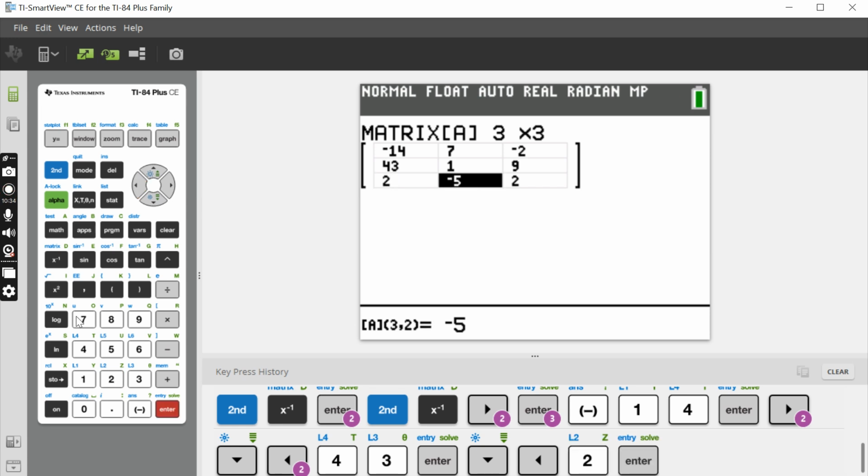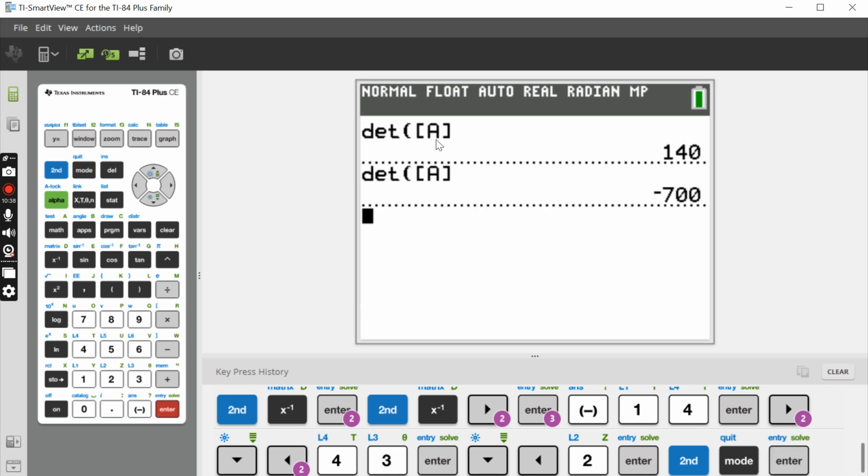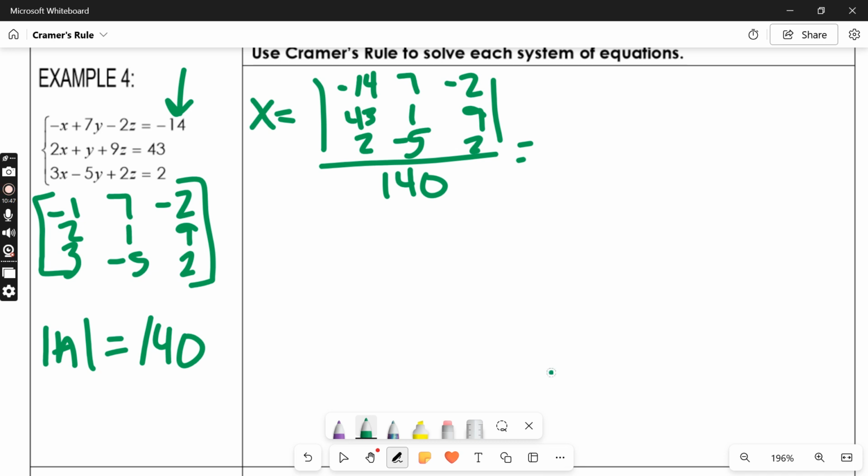So just adjust your matrix, hit second, quit. Now if you left this determinant of A right here alone, you can just hit enter and it'll find your new one. So negative 700. So negative 700 divided by 140, which is negative 5.